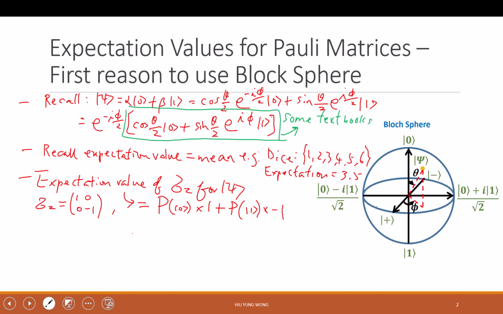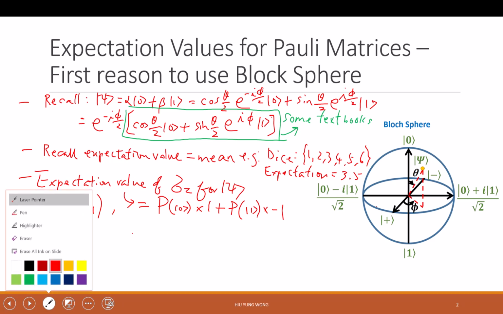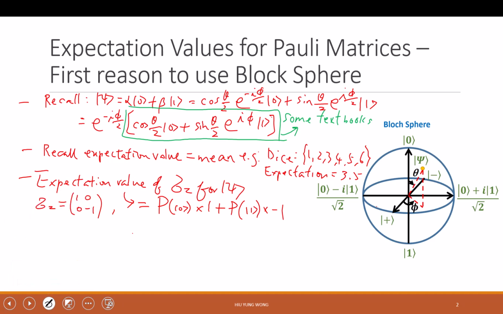So in that case, it's not important, but I still write it down, so that it's equal to cosine theta divided by 2 e to the power negative i phi divided by 2, the whole thing squared, times 1, minus sine theta divided by 2 e to the power i phi divided by 2, squared.